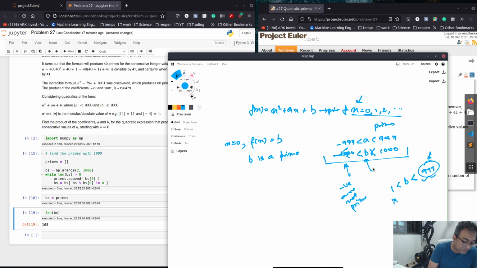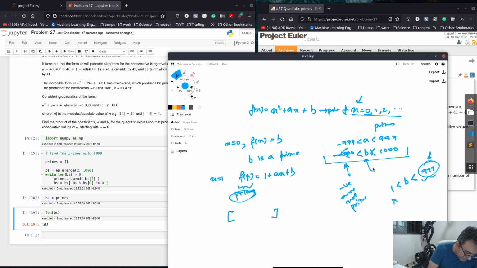If now we put n equals 1, f of 1 is going to be equal to 1 plus a n plus b, right? And this also has to be prime. Which means that for every value of a, that's a prime.